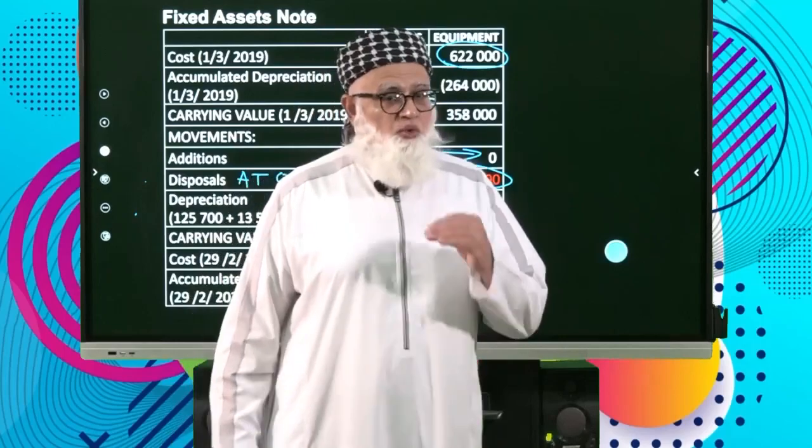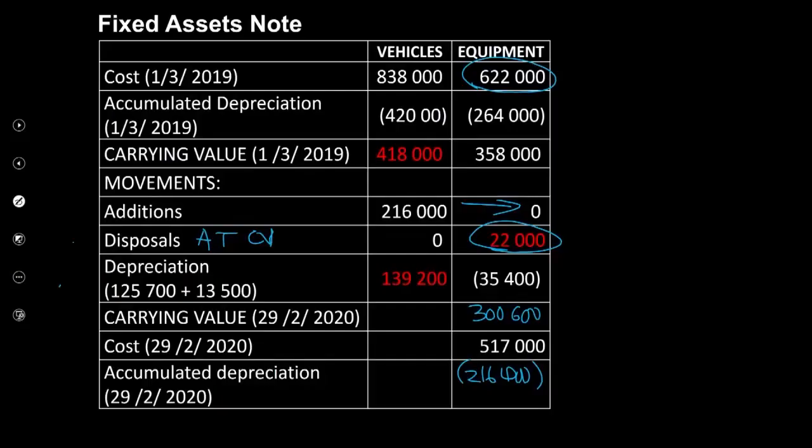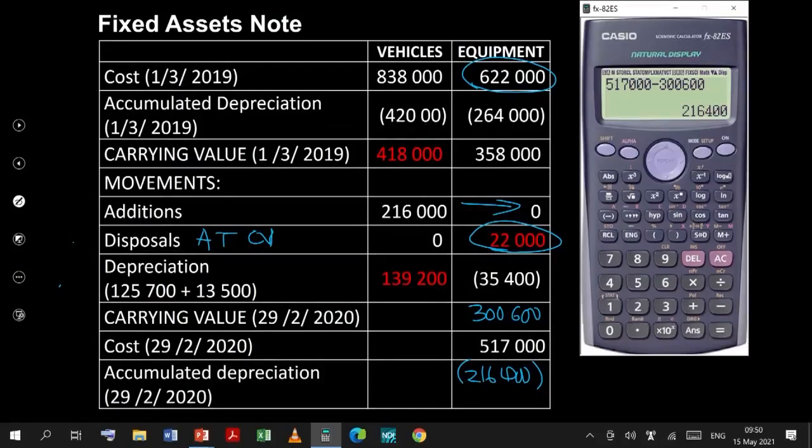Now, notice what happens here. Let's do this calculation so we can see it. If you take your 517,000 minus 216,400, it will give you a figure of 300,600.